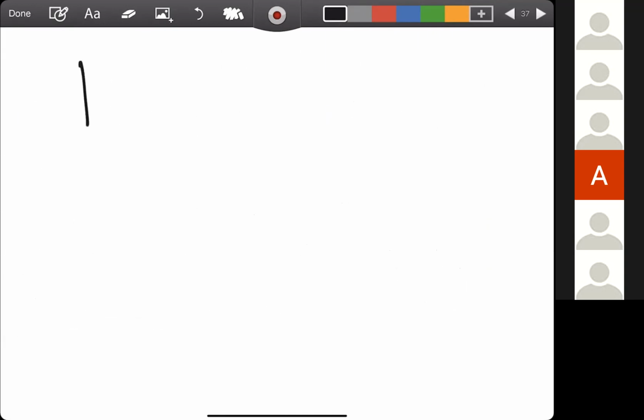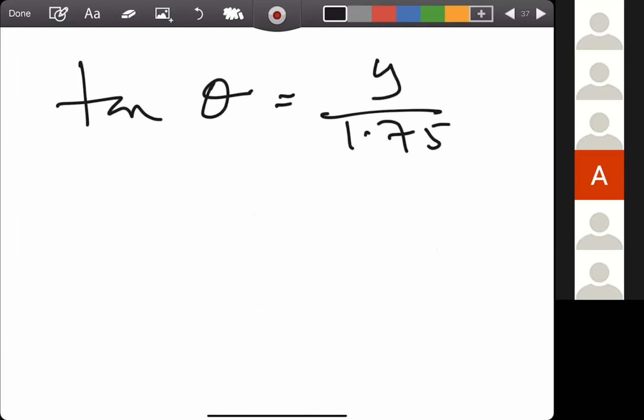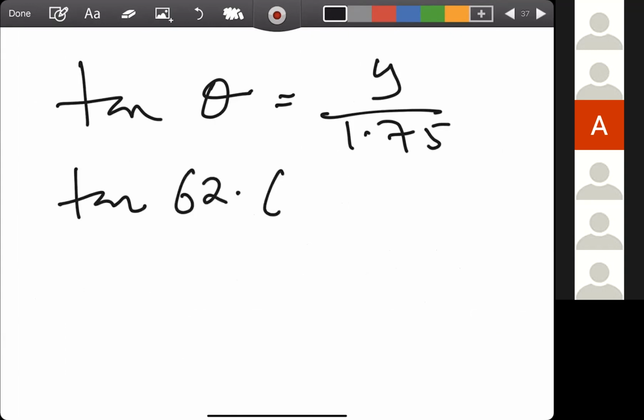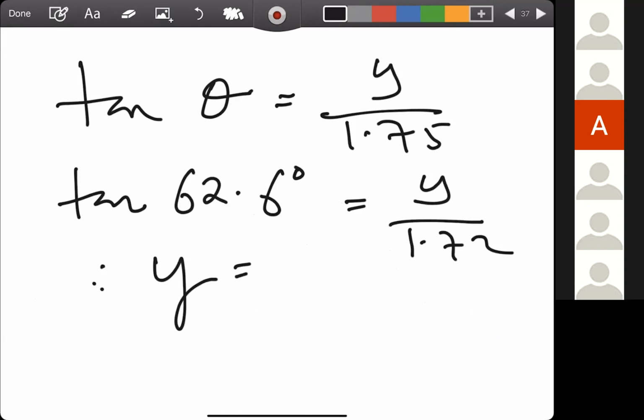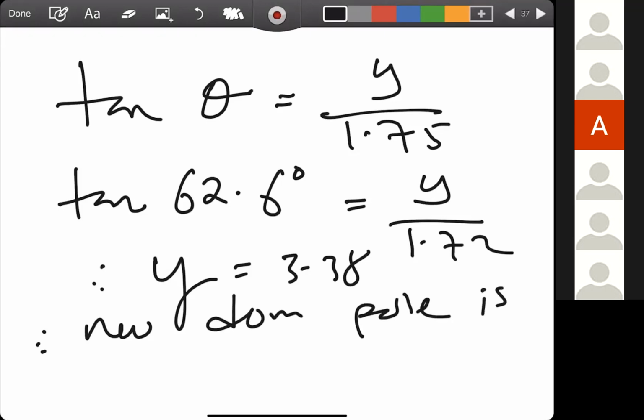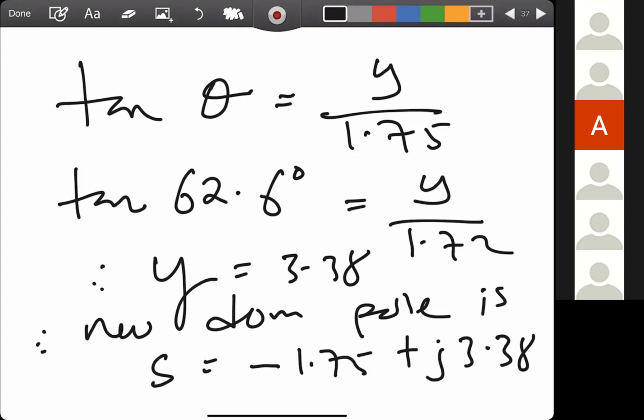So tangent theta, in degrees, so y is equal to 3.38. That's why the new dominant pole is 1.75 plus J 3.38.